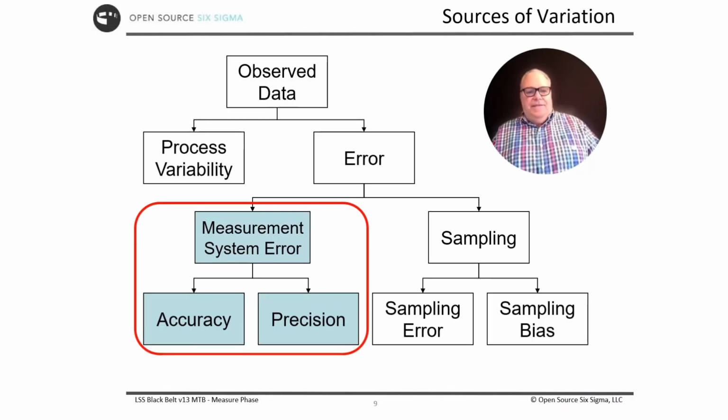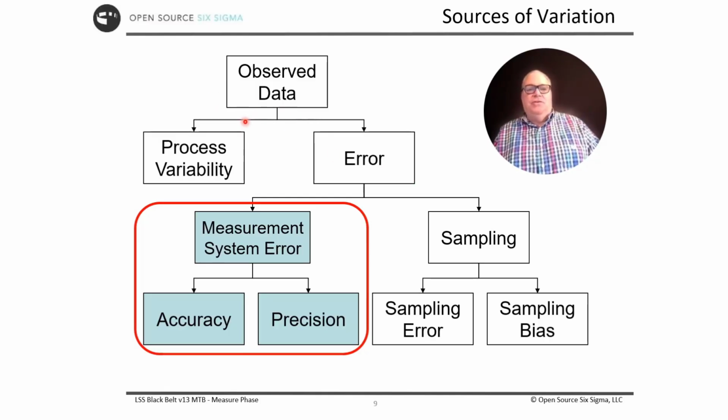So looking at error in sort of tree diagram format instead of with equation, we're going to collect data. So we call those our observations, our measurements, and within those are contained the true process variability, which is really what we want to measure, and then we have good old error that comes in that impacts our observation.